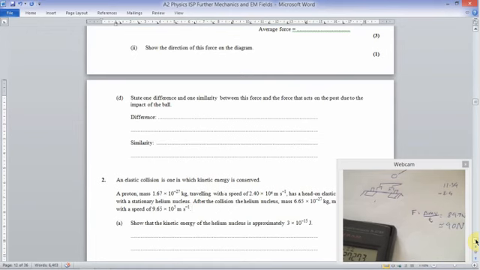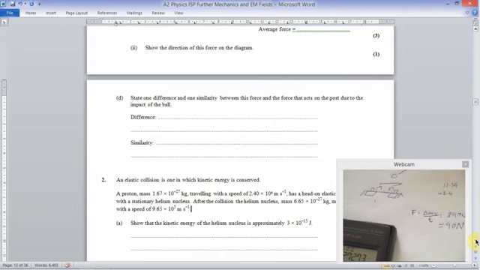State one difference and one similarity between this force and the force that acts on the post during the impact of the ball. So automatically, similarities and differences, you're thinking about Newton's third law pair. So, just as a reminder, the similarities are the type of force, the duration of the force, same line of action, same magnitude, and the differences are that it's going to act on a different body, and it will act in the opposite direction.